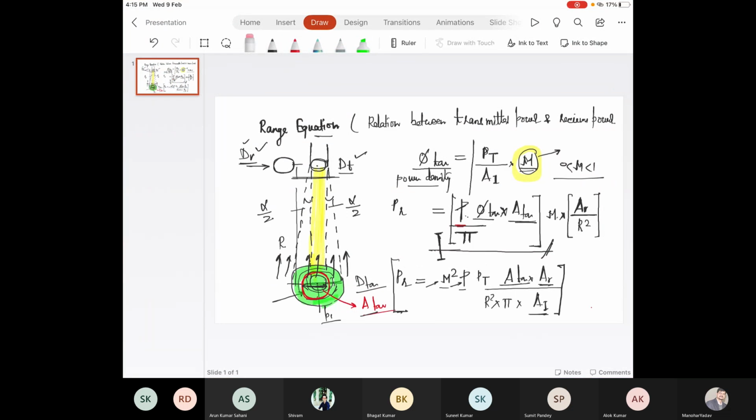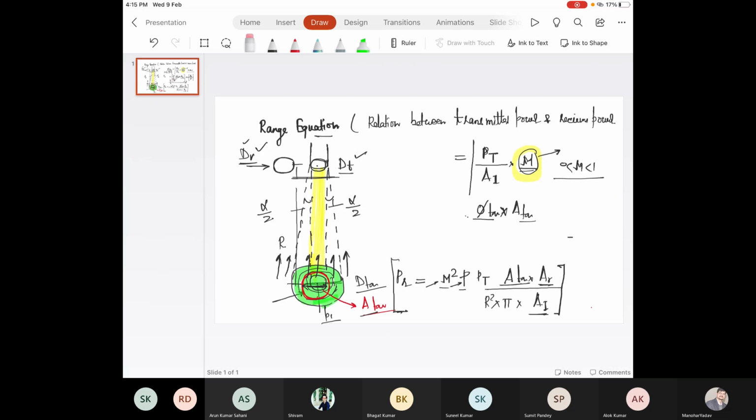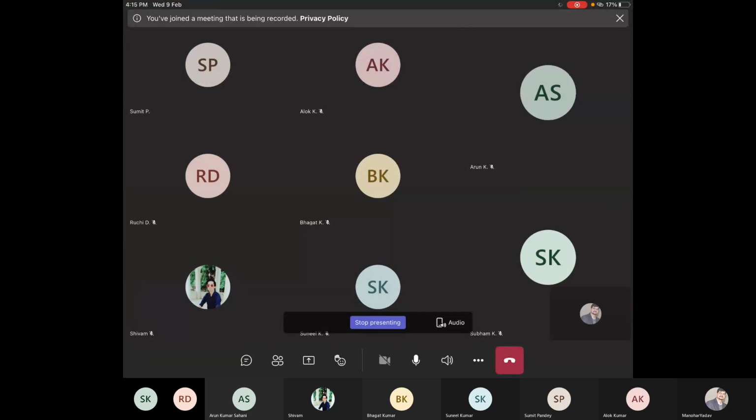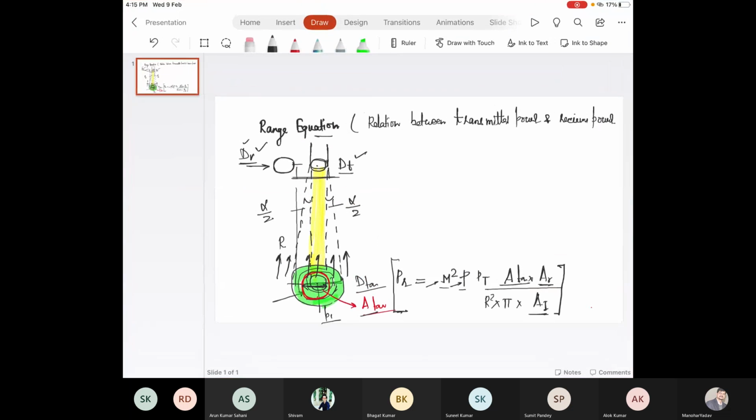Okay, so I hope you have derived the simplified equation by substituting these values for a target, AR, and AI. Have you done it? Okay.